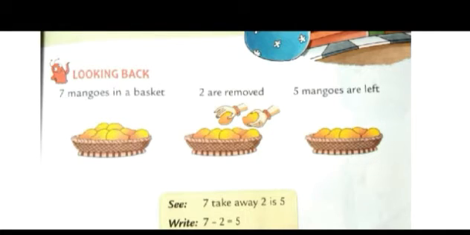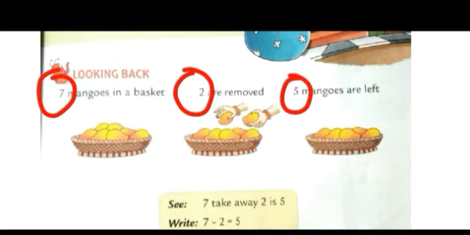In this basket, 7 mangoes are there. And from that, somebody has taken away 2 mangoes. So, how many mangoes are left in the basket? 7 were there in the basket. Somebody has taken away 2. So, how many are left? 5.